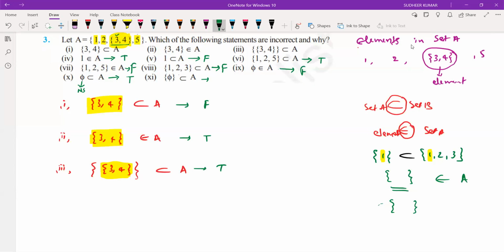See, this is the null set. This is 5. We represent it as 5 or null set. When we represent 5 as an element of a null set, the null set consists of an element which is a null set. That is the meaning of this. So is it a null set or not now?